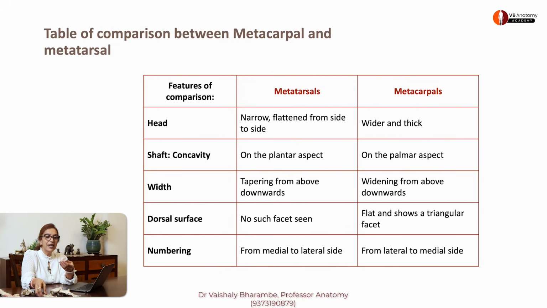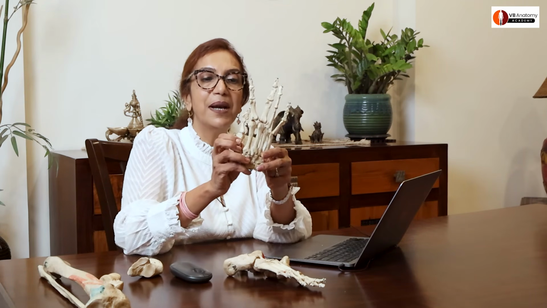But in the hand, the concavity is on the palmar surface. You will find the concavity over here. The metatarsal tapers from above downwards. In case of the hand, the metacarpal widens out distally. It's quite narrow proximally, widens out distally to form the knuckle.